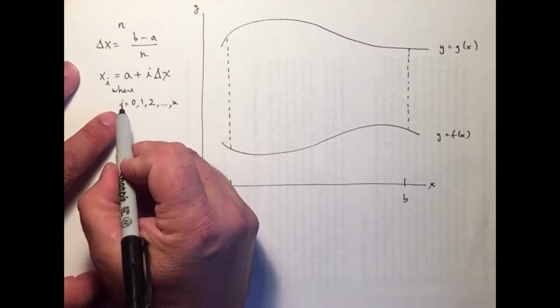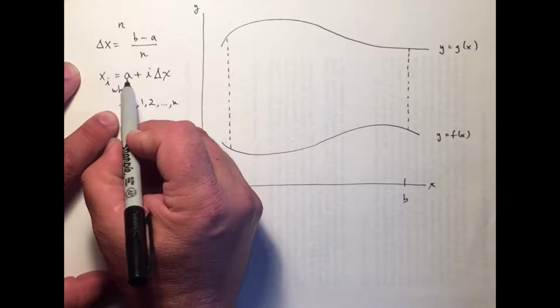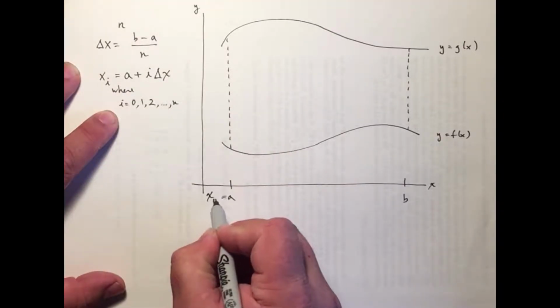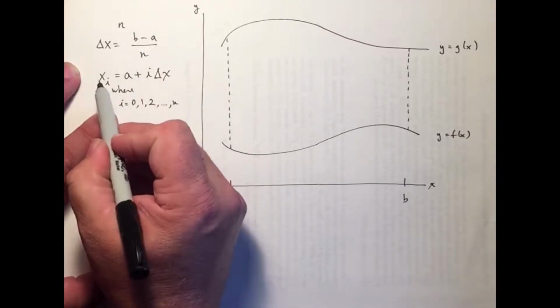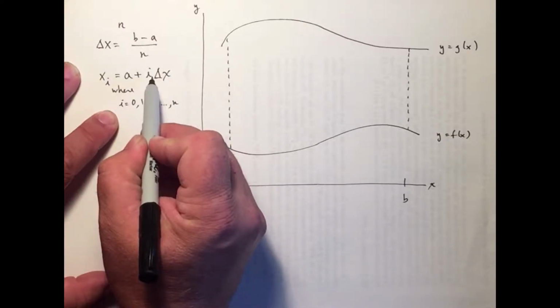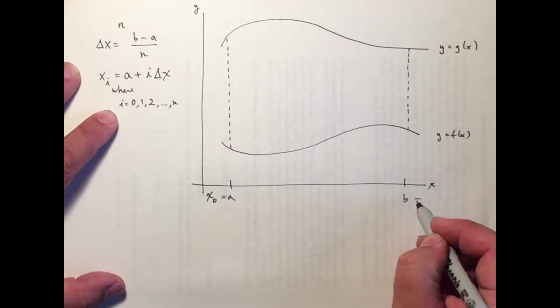Now, if you plug in 0 for i, x_0 just equals a, because this disappears. So a here, that's x_0. Likewise, if you plug in n for i, x_n, if you work this out, put an n in here, and put this formula in for delta x, you'll see x_n is just b.